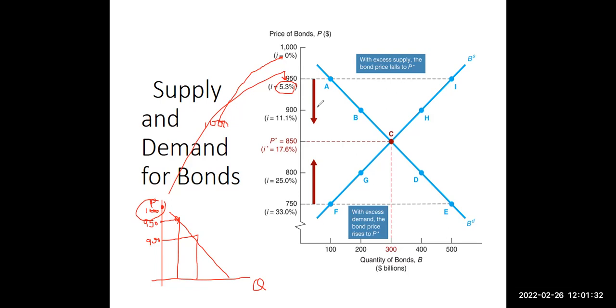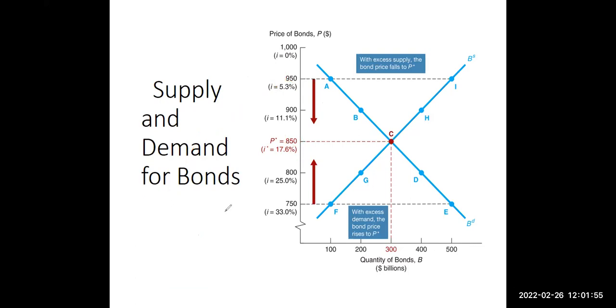How much will be the interest rate on that bond? 11.1%. And similarly, if you buy a $1,000 bond for $850, the returns on that bond will be 17.6%. All right. So this is what is happening, and this is the demand behavior.